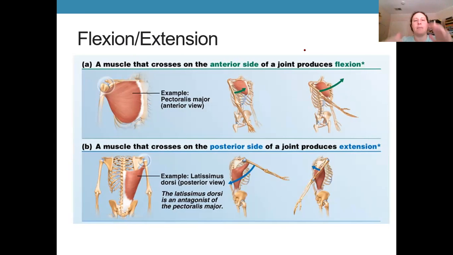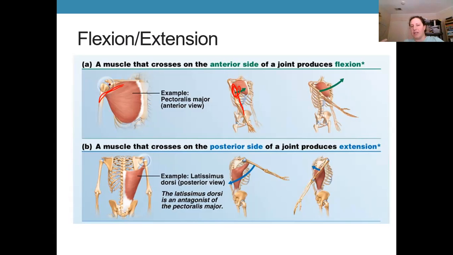That means that muscles that cross the anterior side of a joint, for example the biceps crossing the anterior aspect of the elbow, or the example they're giving here, the pectoralis major crossing the anterior aspect of the shoulder joint, are going to produce flexion and bring the joint forward.